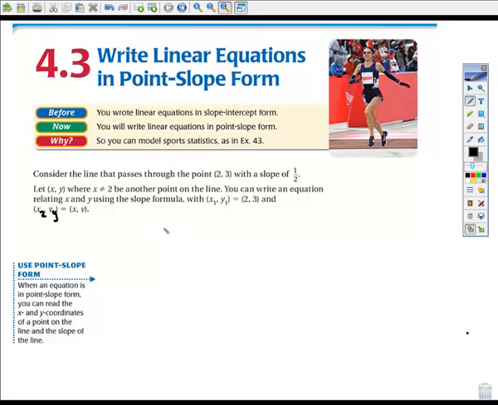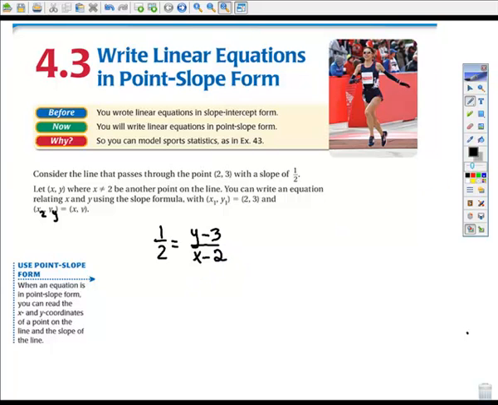So my slope is a half, and that equals y2, which is just y right here, minus y1, which is 3, over x2, which we're saying is x, minus the x1, which is 2.